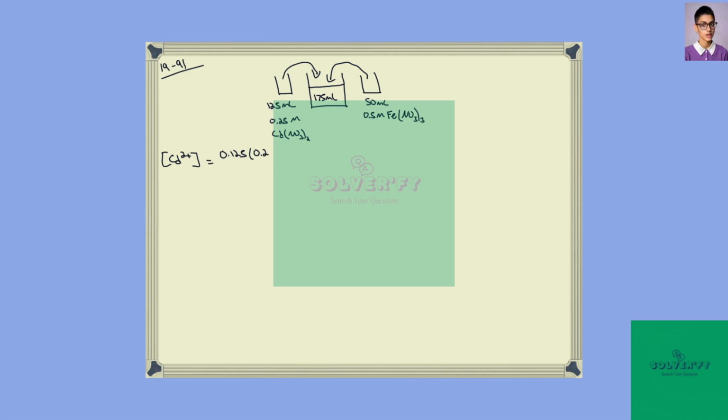Cadmium, which was at 0.25 molar, can have its new concentration calculated by taking the volume of cadmium in liters multiplied by its original concentration to get the moles of cadmium, now in the larger volume, divided by the new volume in liters, gives us 0.179 molar.